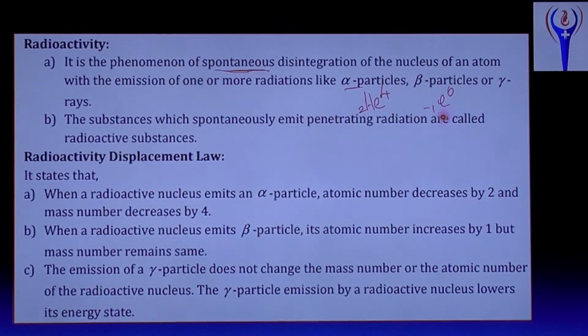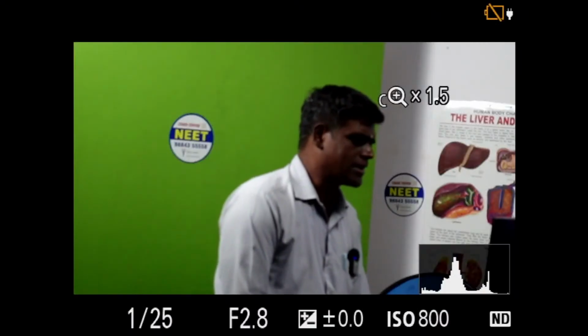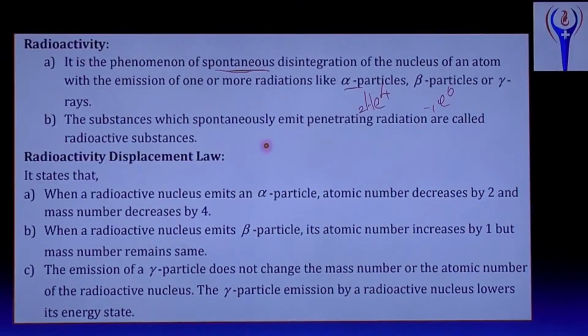For example, uranium, some elements spontaneously, without any bombardment or triggering, may emit alpha, beta or gamma particles. Then we can say that is a radioactive substance.